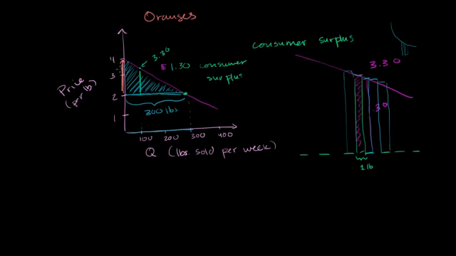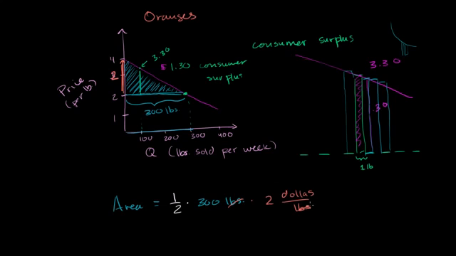So our area, the area between the demand curve and our price equals 2, is equal to 1/2 times base times height. 1/2 times the base, which is 300 pounds, times the height, which is $2 per pound.